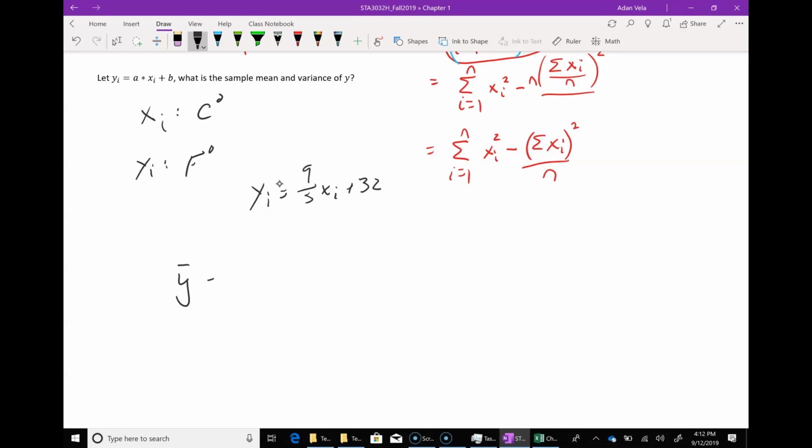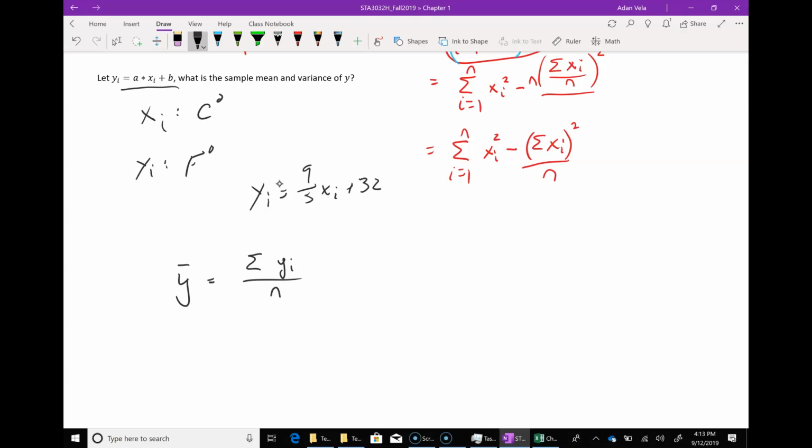So the first question is, what's y bar? I'm just going to use a generic equation, y = ax + b. We're still going to use the same idea that our mean of y is just the sum of all the yi's divided by n.